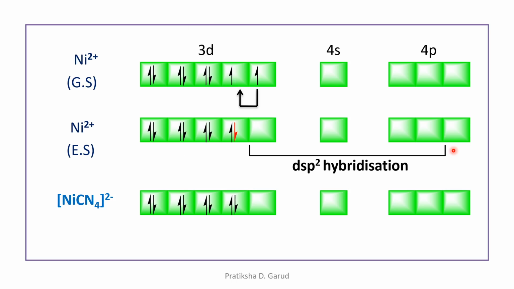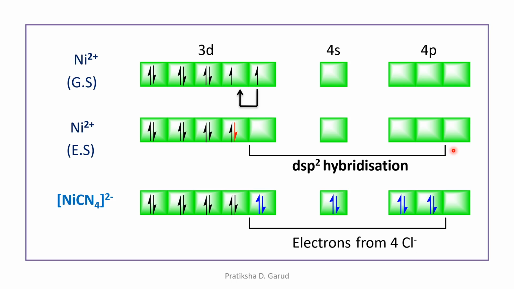These are the electrons from the central metal ion. Then the remaining, that is 1d, 1s and 2p, the electrons are from the ligands, that is the cyanides. So this is the first pair of electrons, second pair, third pair and the fourth pair of electrons. So these are the four pairs of electrons, or we can say that these are the electrons from the four cyanides. Instead of chlorides, here it is cyanides.